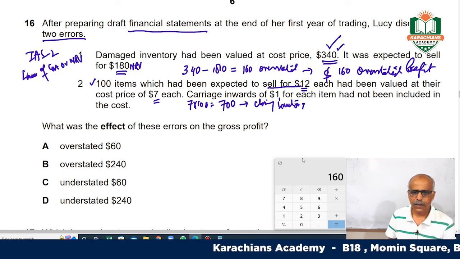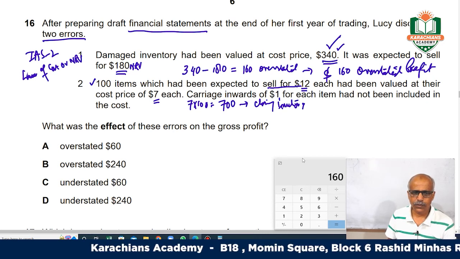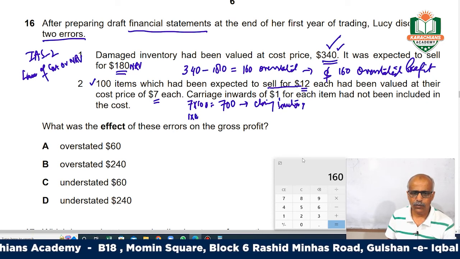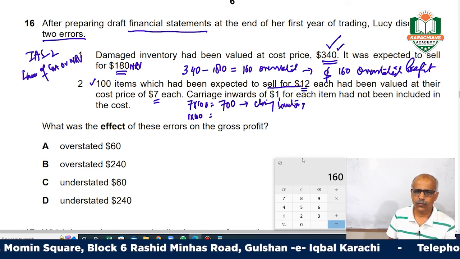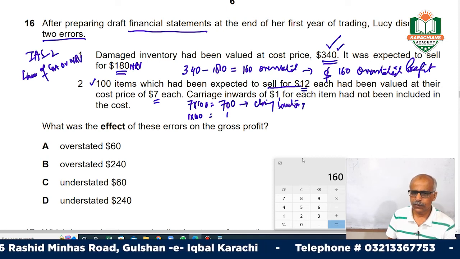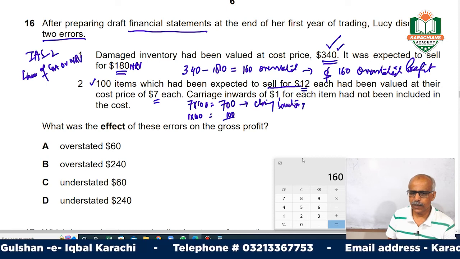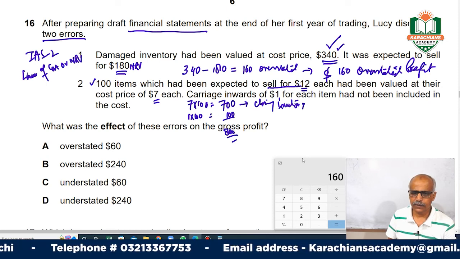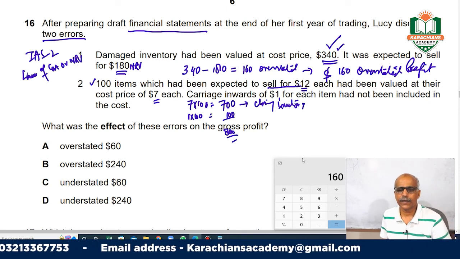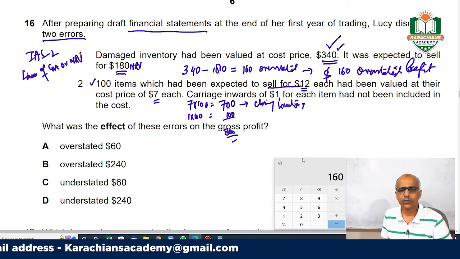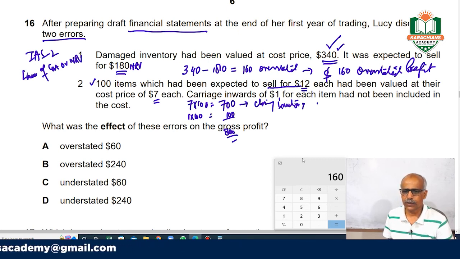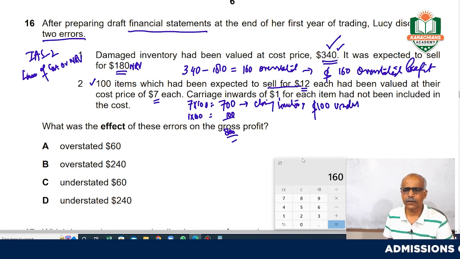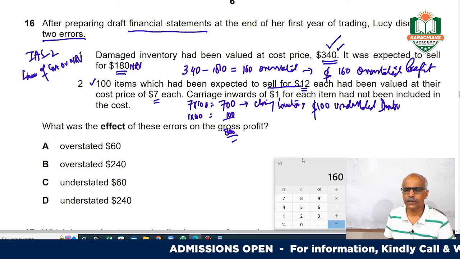Actually there was 1 rupee on every item as carriage inward, which was 100 in total. Your actual inventory was 800. You were to record inventory at 800. You have understated closing inventory by $100.